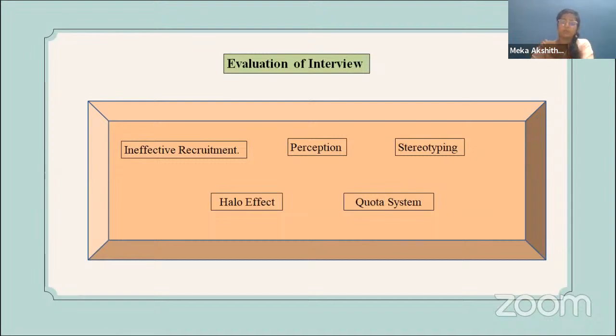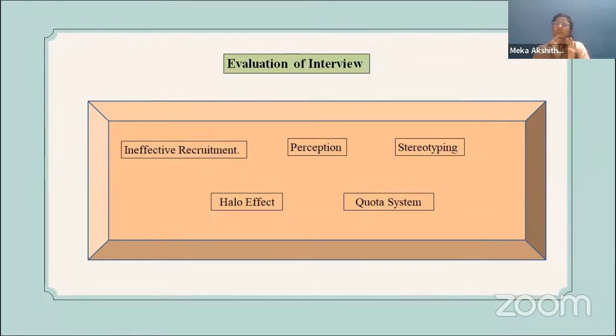Please look into it. Thank you, ma'am. Can you please share your number? You can type in the chat, ma'am, that cannot be visible to anyone. Okay, after the class, I would be giving my number.